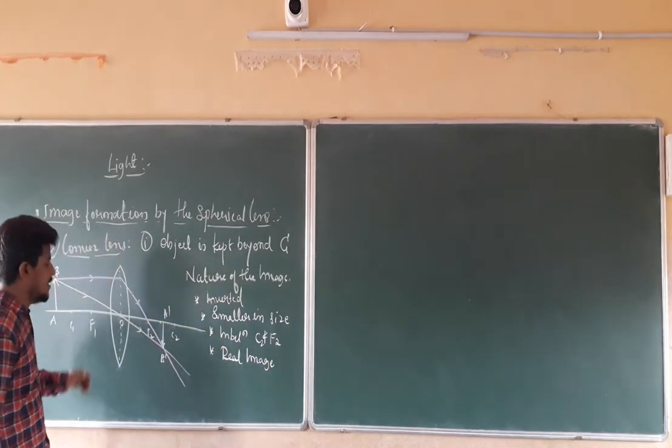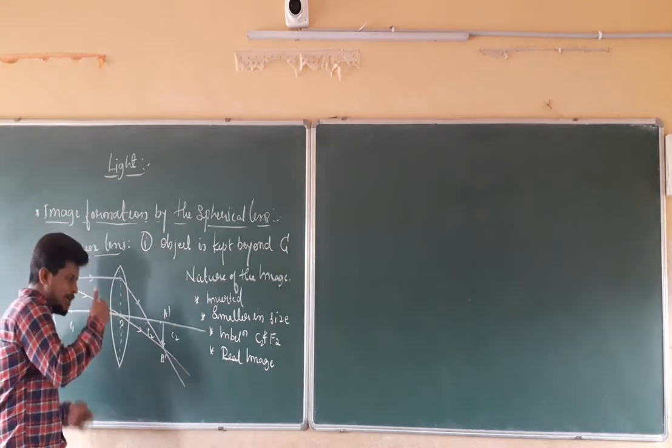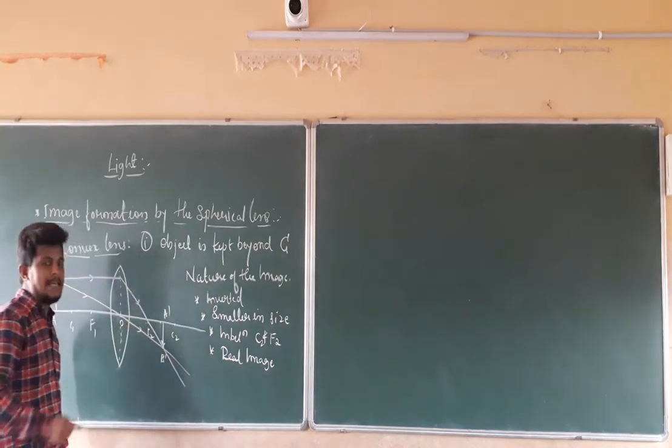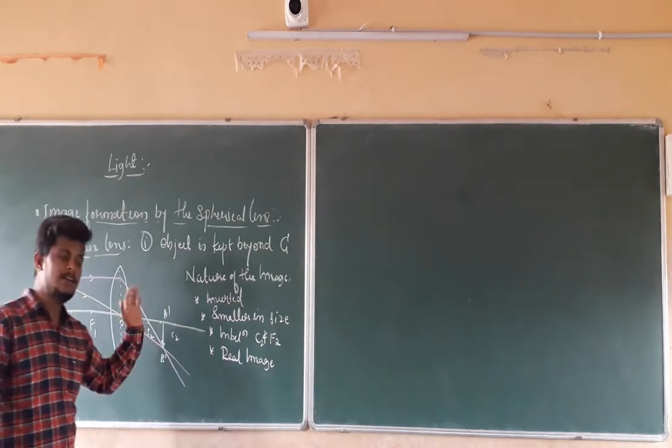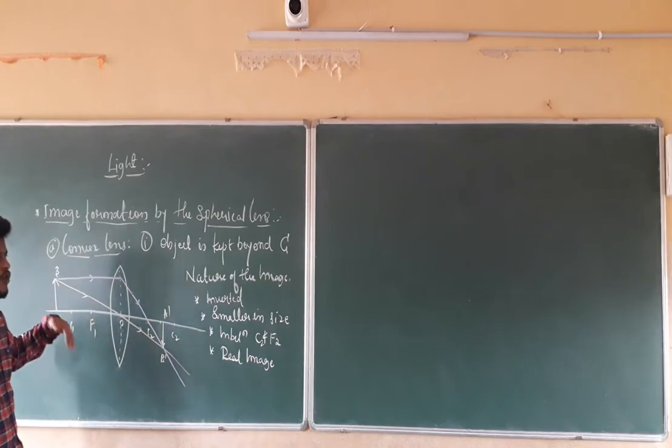But in this case, in case of lens, whichever image is forming on the right hand side will always be a real image. This is the nature of the image when the object is kept beyond C.